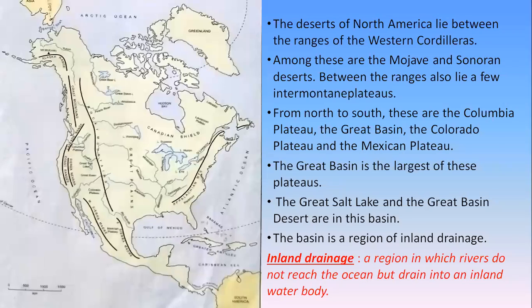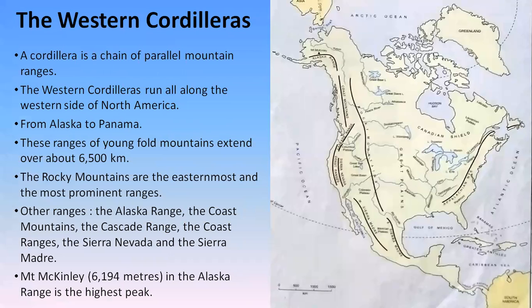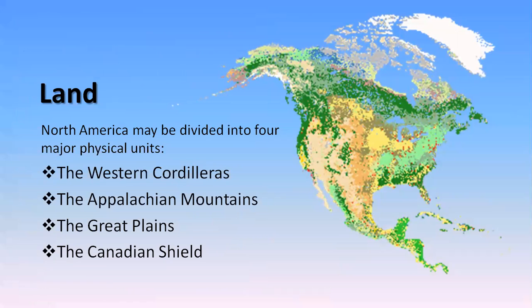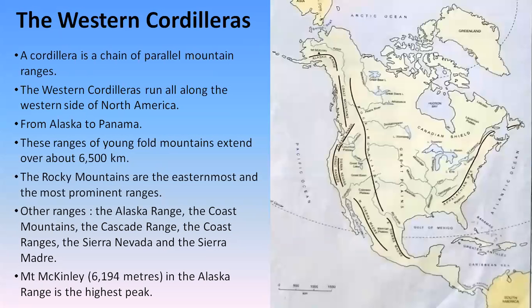So once again, we are going to look at the topics. What all things did we study in these topics? Two things we studied. First of all, we looked at the different categories of land in North America: Western Cordilleras, Appalachian Mountains, Great Plains, and Canadian Shield. The first two were discussed in this video.